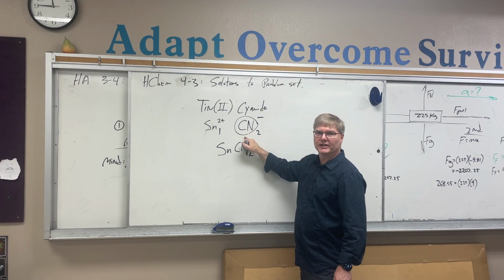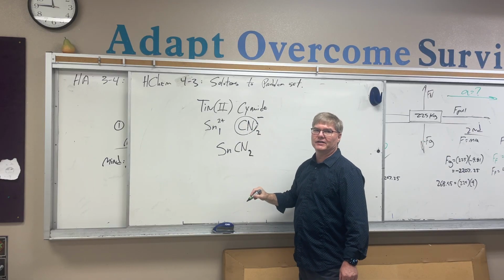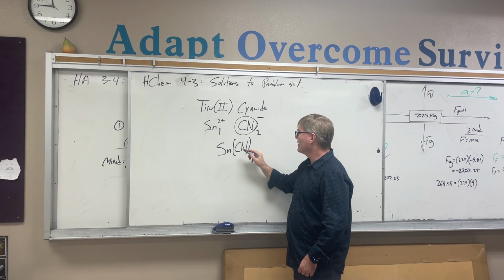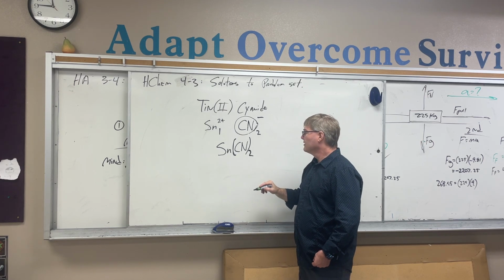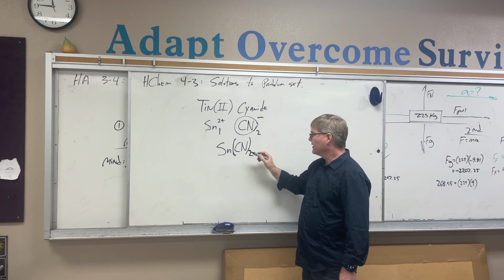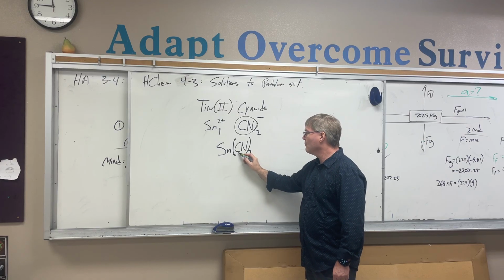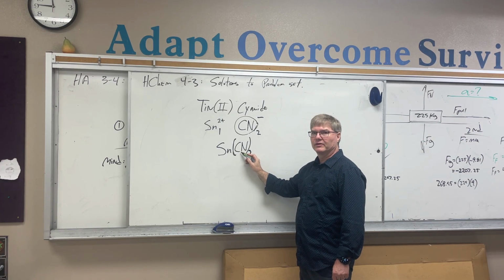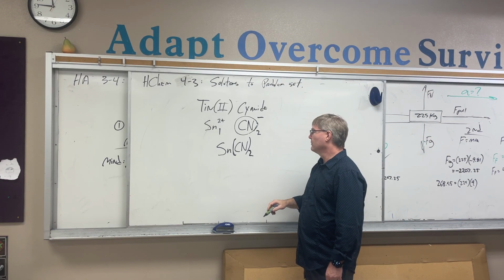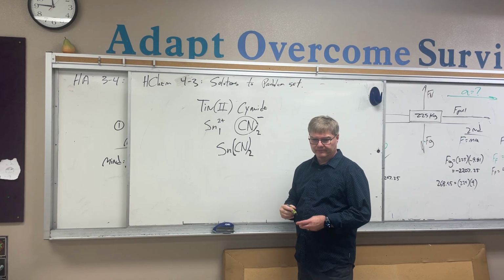That's why I circle it. We need 2 of those cyanides. And so we're going to put parentheses around this so that we are properly communicating that that 2 applies to both atoms in this polyatomic ion. All right, so that is the formula.